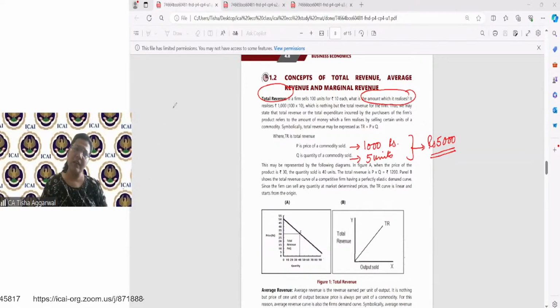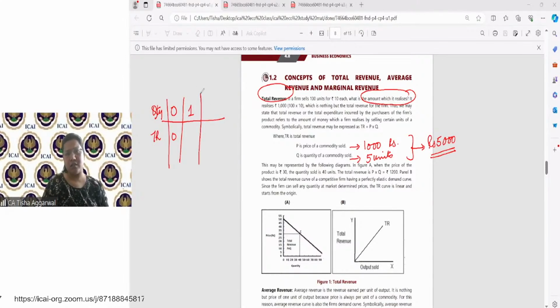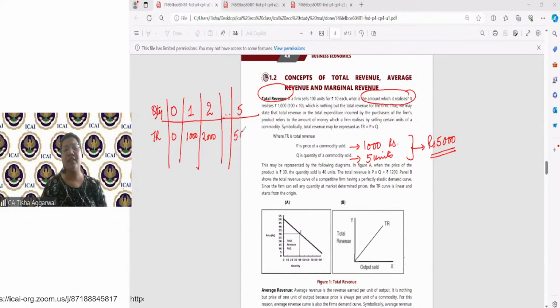So if you sell 0 cakes, Palak, how much do you earn? 0 revenue. If Palak sells 1 cake, she earns 1,000 rupees. If Palak sells 2 cakes, she earns 2,000 rupees. If Palak sells 5 cakes, it becomes 5,000 rupees. Correct? Now let's understand this way.